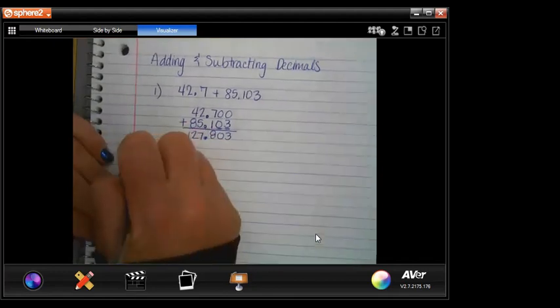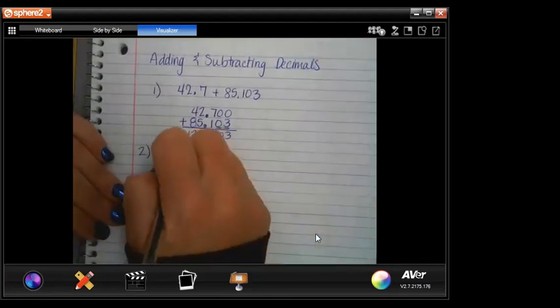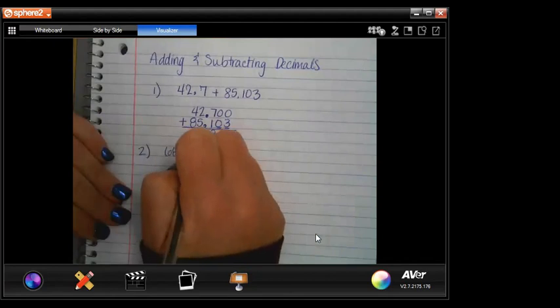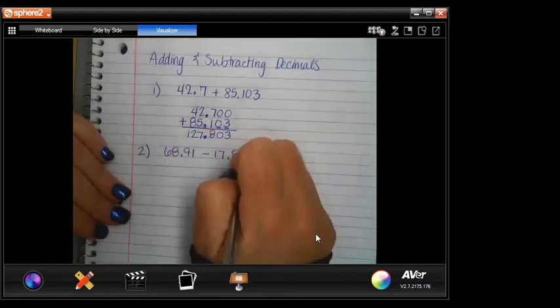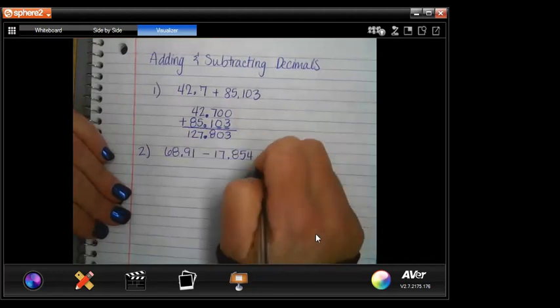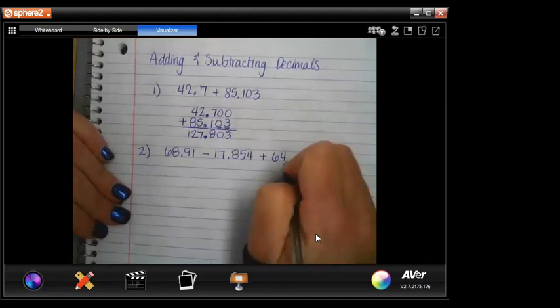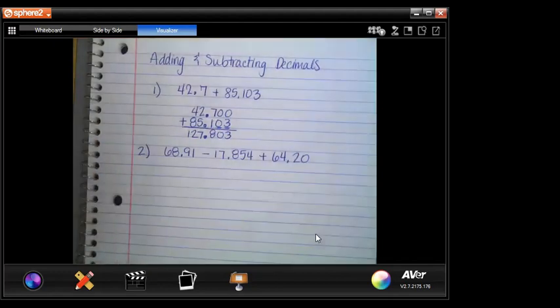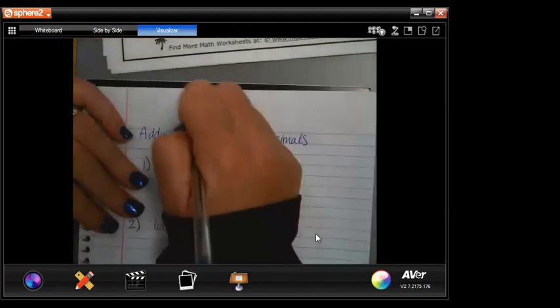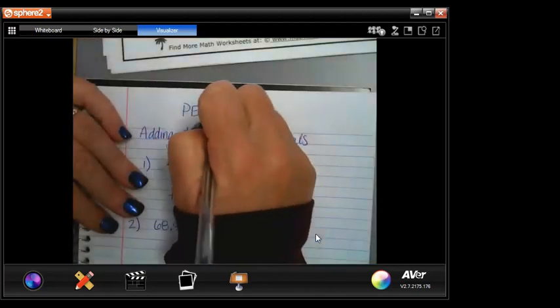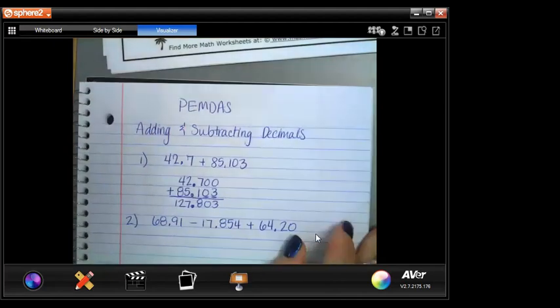Now take a look at number 2. This one is a tad bit different because we have 3 terms in this expression. Remember that we have something called PEMDAS: Please excuse my dear Aunt Sally.